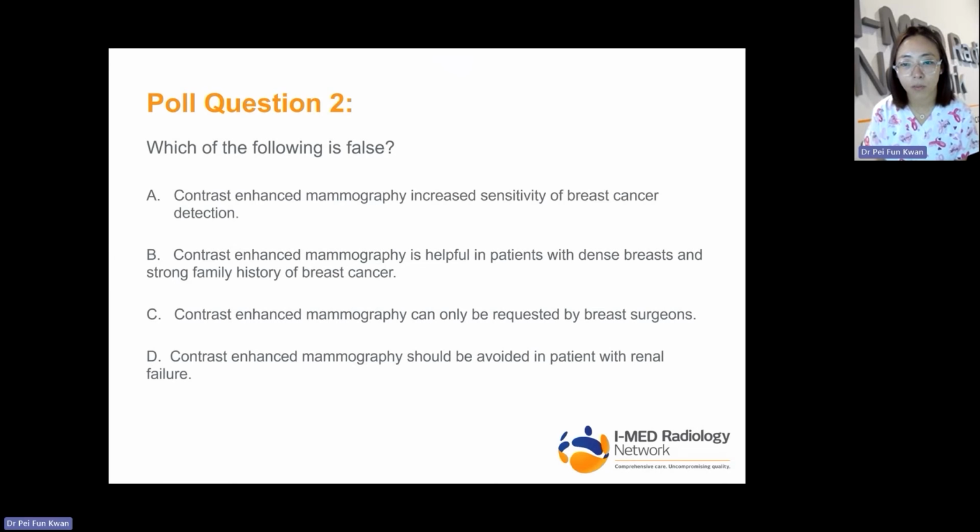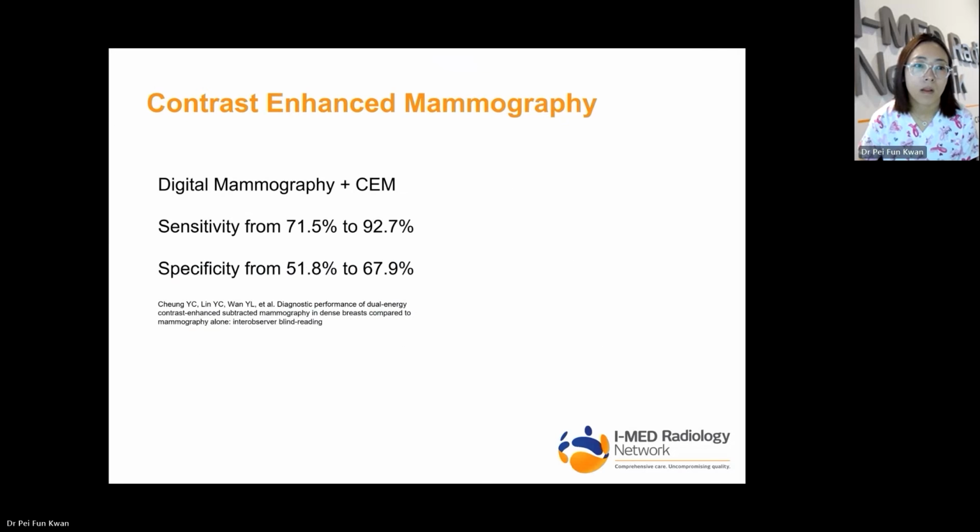You just have to find out from your local imaging providers what the wait list is, and if they do the test, and discuss the cost with your patient. As you can see here, contrast enhanced mammography has higher sensitivity and specificity compared to the 2D mammograms.